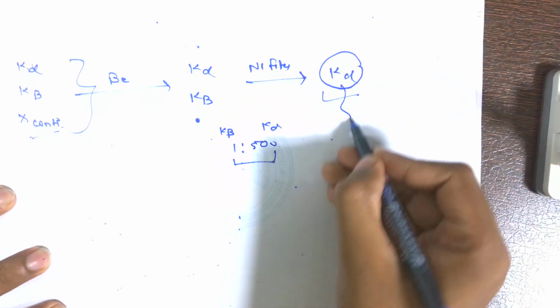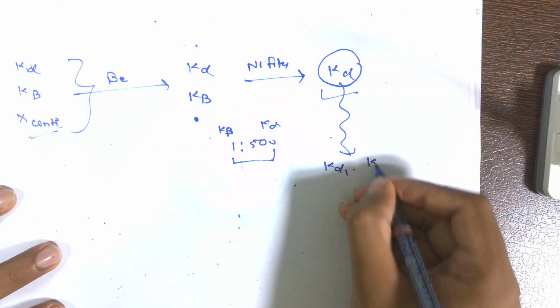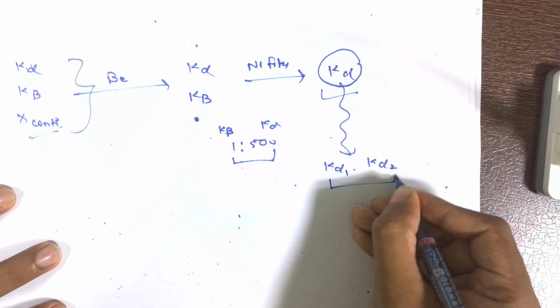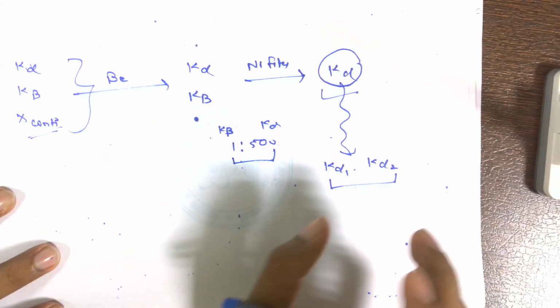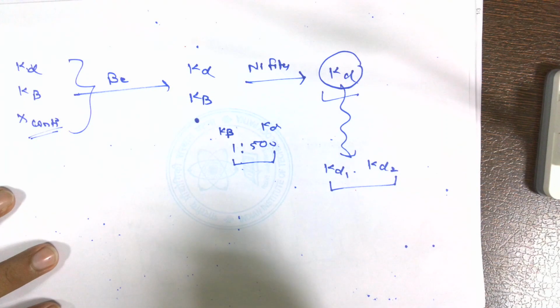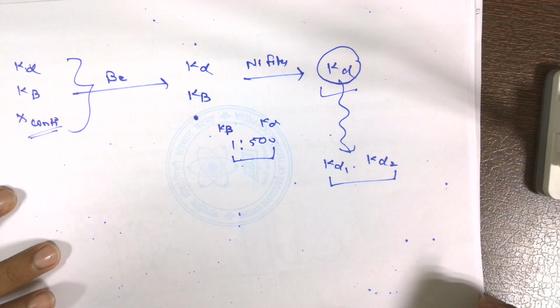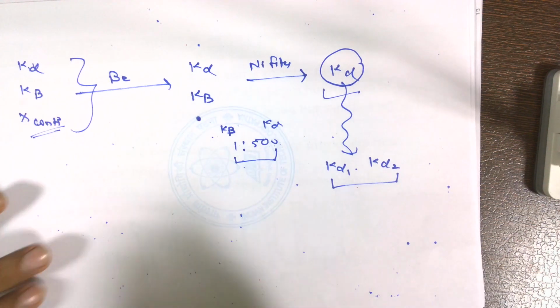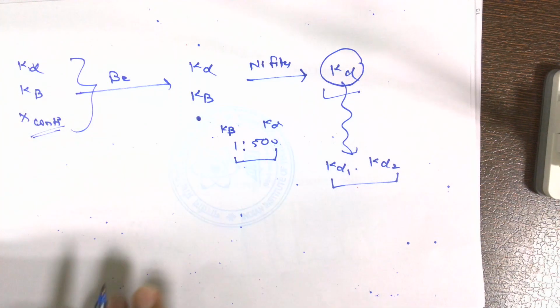But the problem is that K alpha is still a doublet. It has K alpha 1 and K alpha 2. Last week we discussed that their wavelengths differ around the fourth digit of the decimal. From the Armstrong perspective, their energy is very close to each other, and that's why we do the strip K alpha.